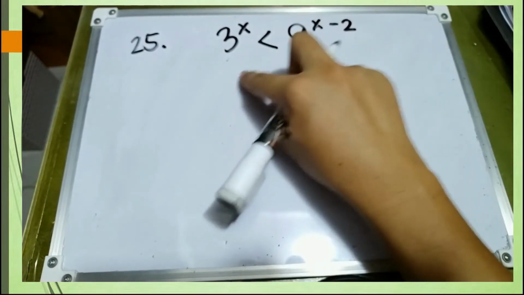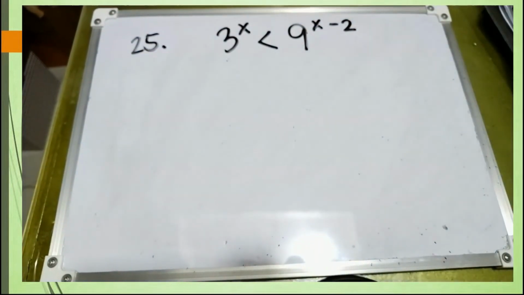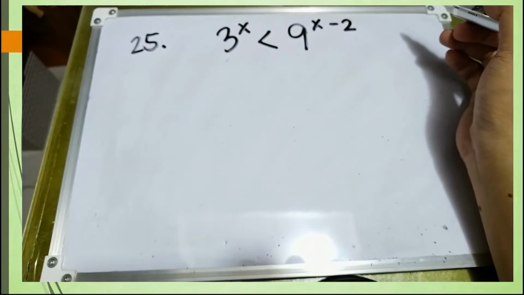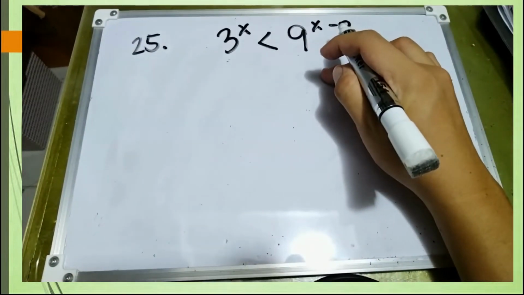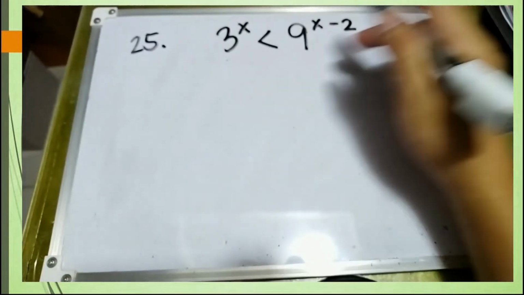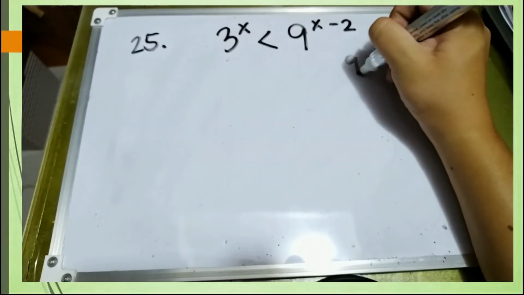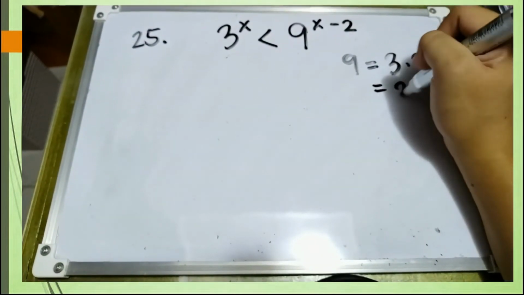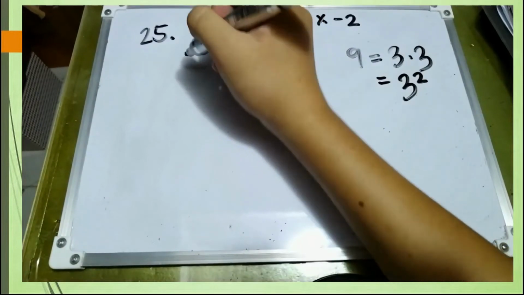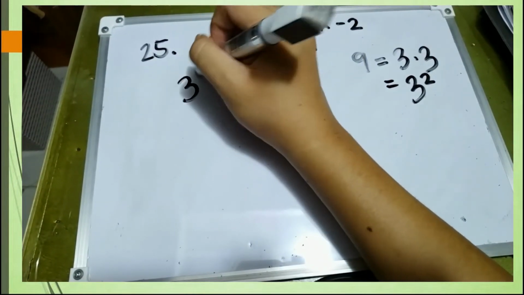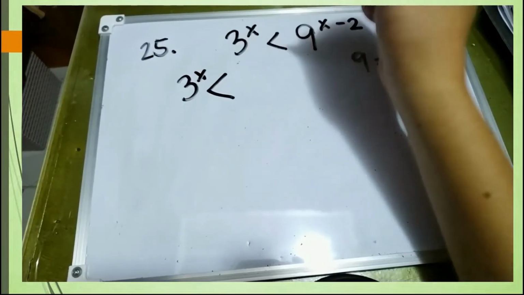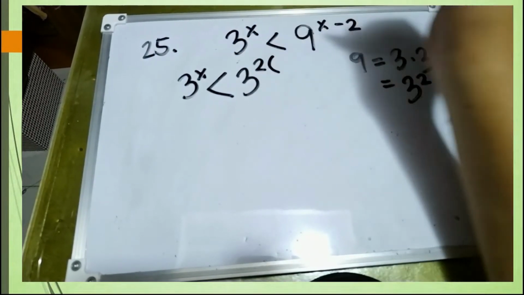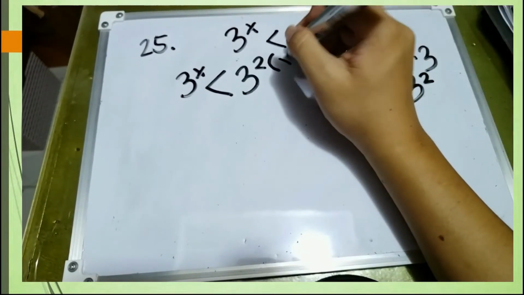So notice that they're not having the same base. So transform this 9 into the same base, such as 3. So 9 is equal to 3 times 3, or that is 3 squared. So this becomes 3 to the power of x is less than 3 squared to the power of x minus 2.